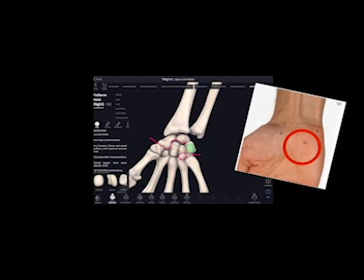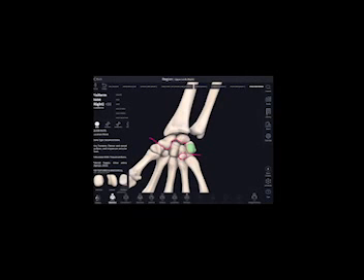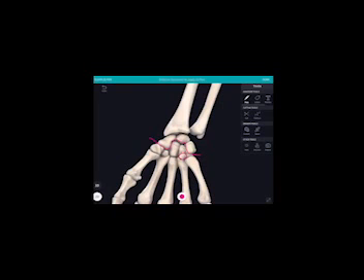So those are the 8 carpal bones that are located in your hands. And once again, please make a note that the wrist articulation is between the radius and the scaphoid, and also the lunate.